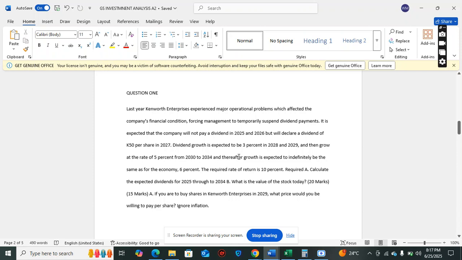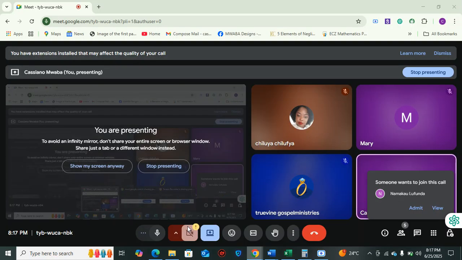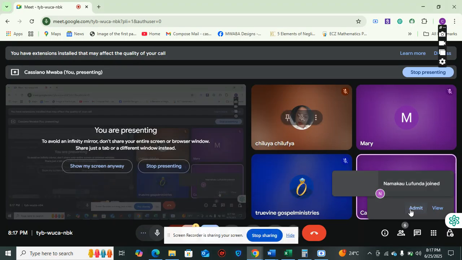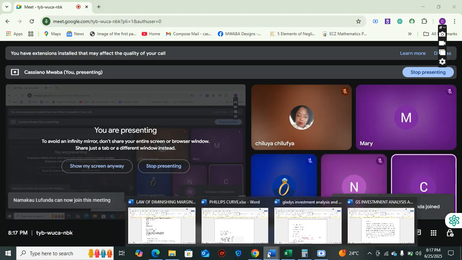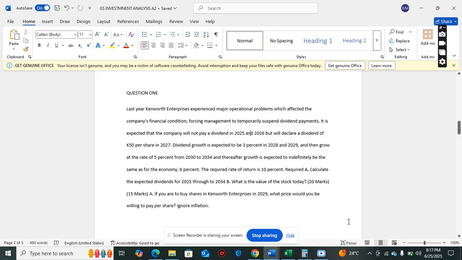And thereafter, growth is expected to indefinitely be the same as the economy, 6%. The required rate of return is 10%.